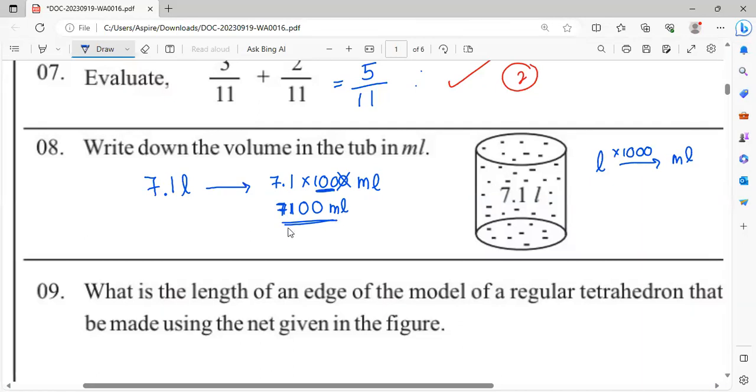If there are two decimal places, if it is 7.12, then when we multiply it by 1000, two zeros are cancelled for two decimal places. Therefore, it is 712. Then the last zero is written at the end of the answer.